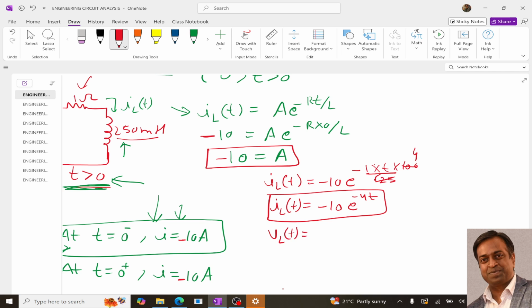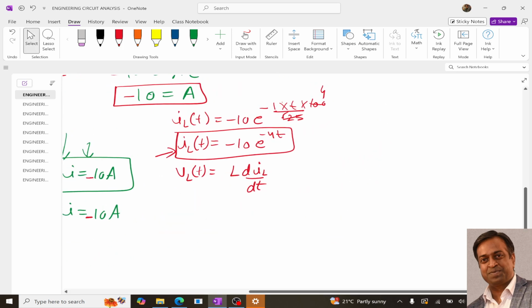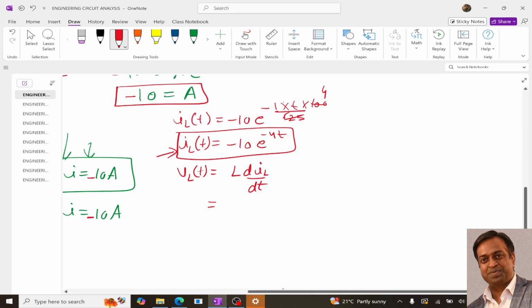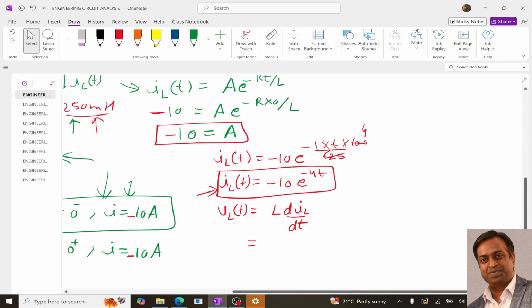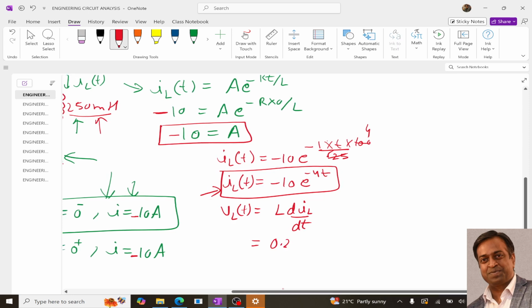What is the formula? The formula is L di by dt. Means we have this current, so we will differentiate it. Differentiating this current, we will get like 4. L is 250 millihenry, means 0.25. So 0.25 into diL by dt.